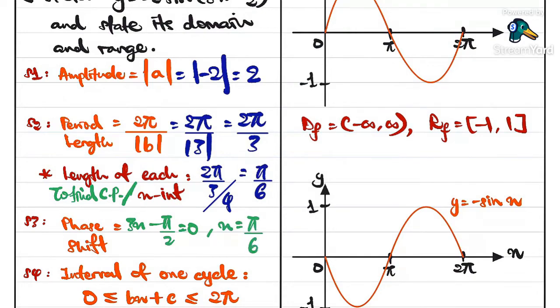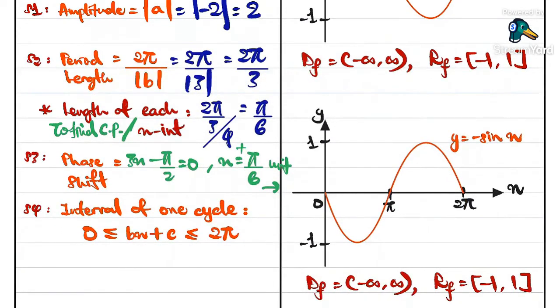So it shifts a bit. How many units? It shifts pi over 6 units to the right, because since this is a positive unit, it shifts to the right. If you know about the shifting method, you understand what I'm saying.